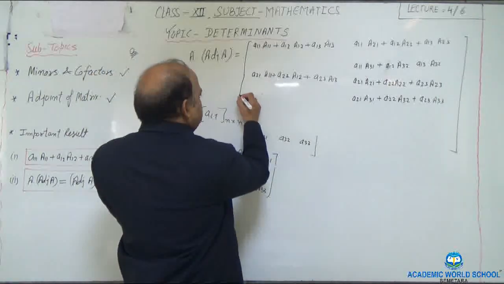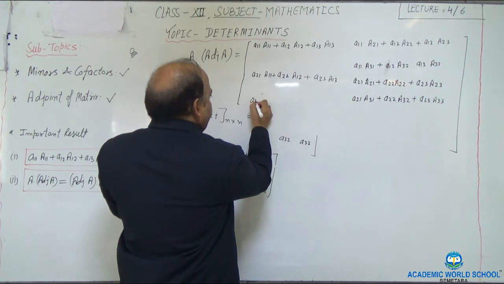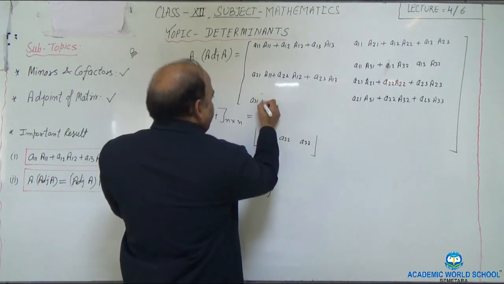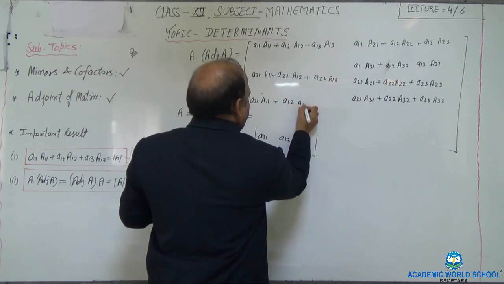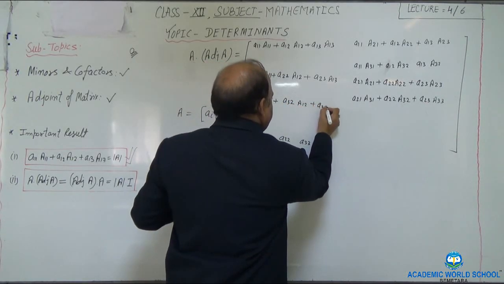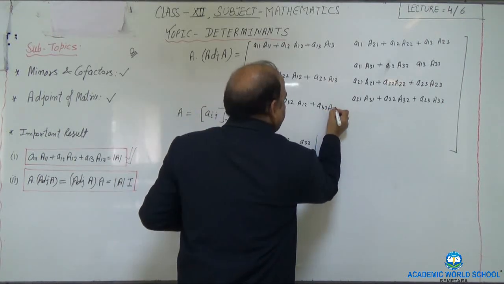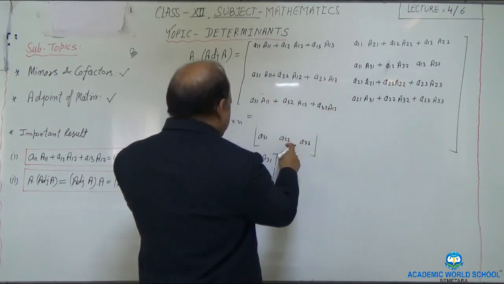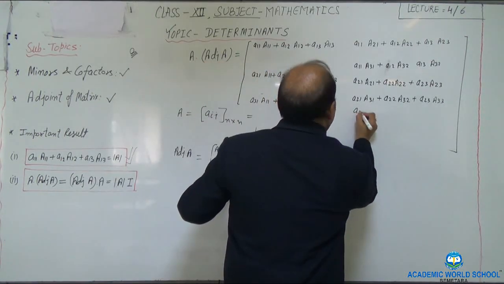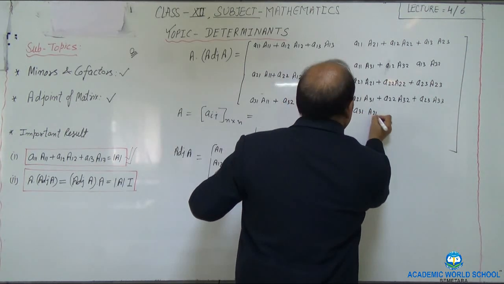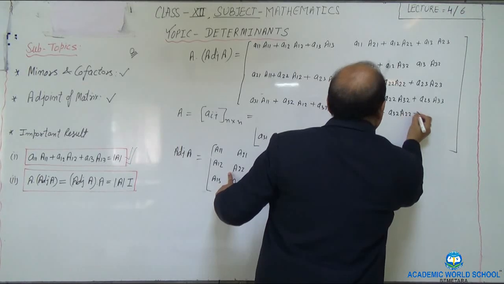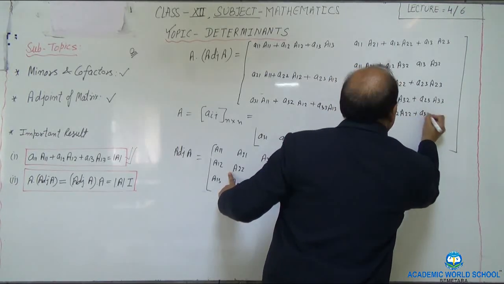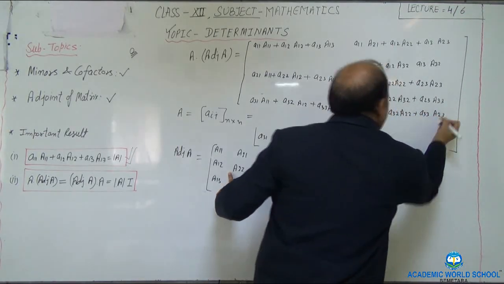So if I do that, I am getting A31 times A11 plus A32 times A12 plus A33 times A13, and then multiplying to the second column, A31 times A21 plus A32 times A22 plus A33 times A23.